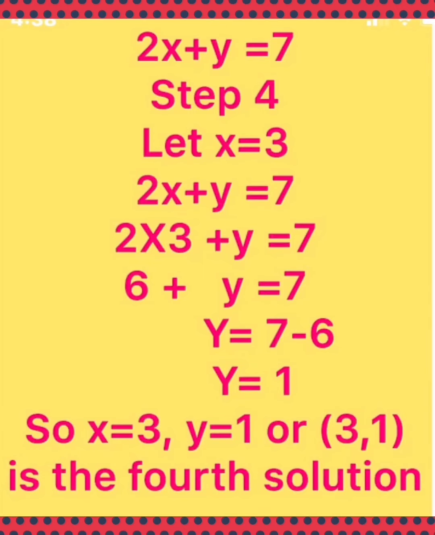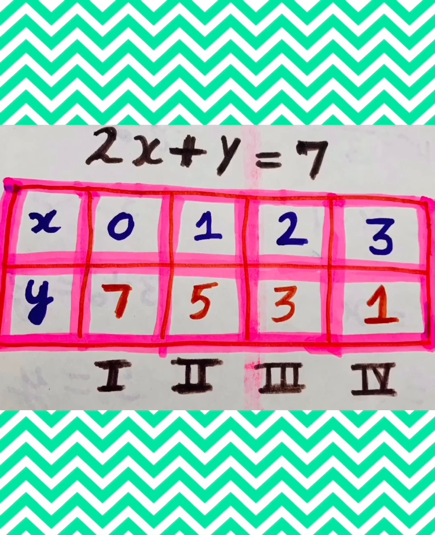In the next step, 2 into 3 is 6, plus y equal to 7. y will remain as it is and 6 will be shifted to the right hand side and converted into minus 6. So the value of y is 1. So I will write x equal to 3 and y is equal to 1, or (3, 1) is the solution of the given equation. Now I have found 4 solutions, children. I would show all the 4 solutions in the form of a box as shown on your screen.